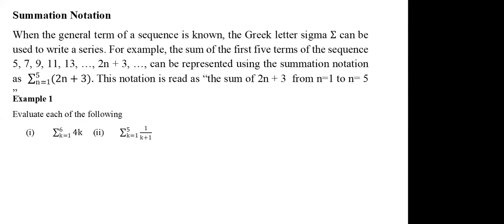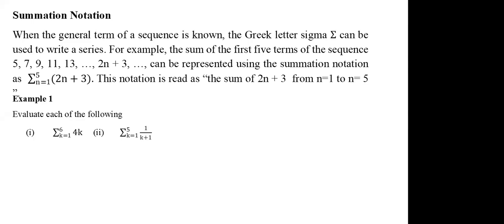Okay, thank you. If you can generate the sequence, then this summation is asking you to add all the terms of the sequence. That is what this summation is telling us.